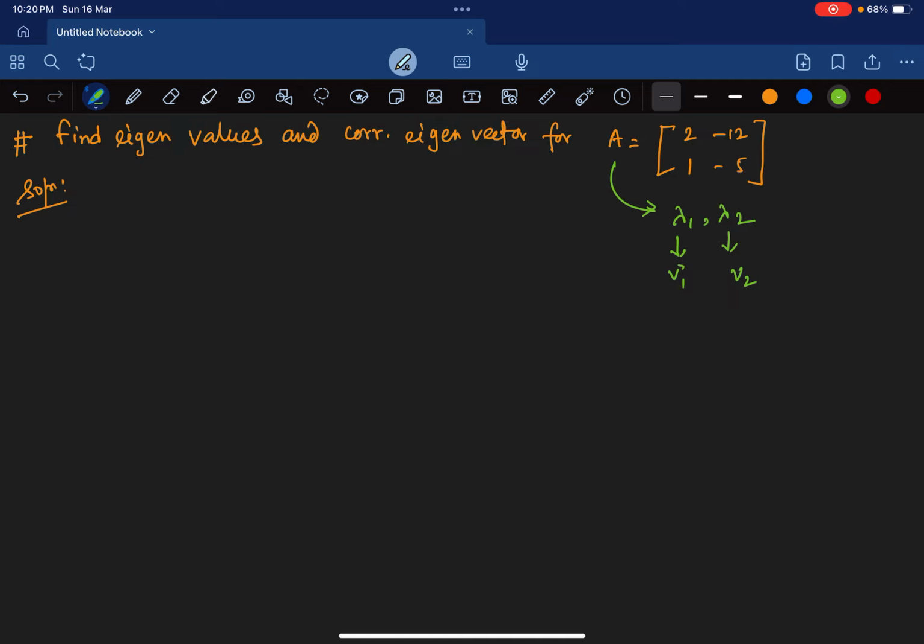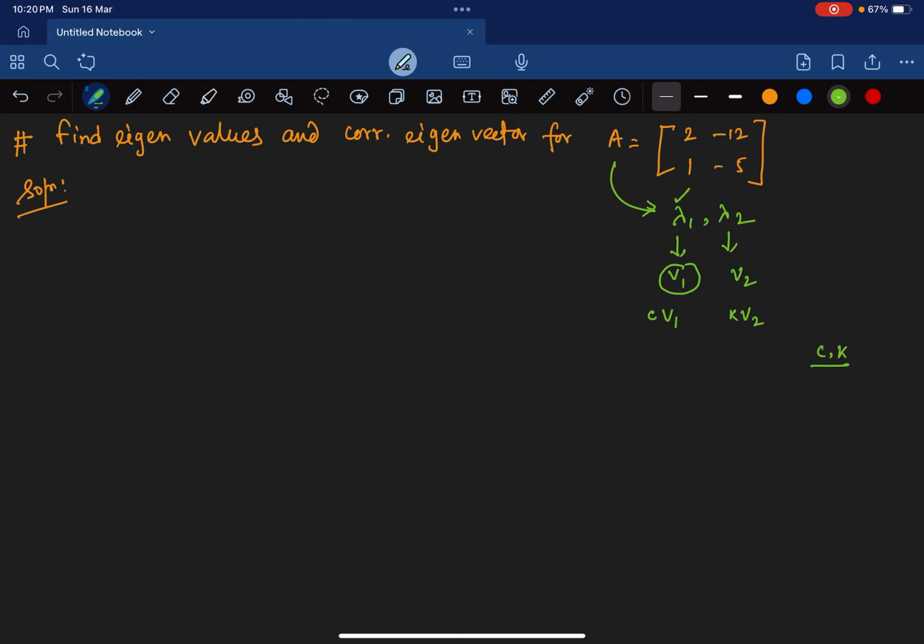Now any scalar multiple c times v1 is another eigenvector corresponding to λ1. Similarly, k times v2 is another eigenvector corresponding to λ2. Obviously c and k are scalar numbers, non-zero, first thing.